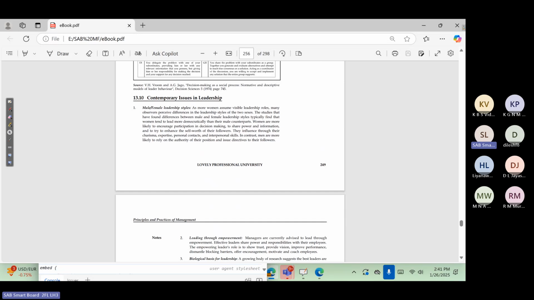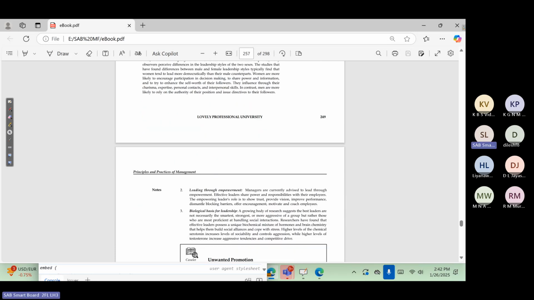Women are more likely to encourage participation in decision making, to share power and information, and try to enhance the self-worth of their followers. Right. They influence through their charisma, expertise, personal contacts, and interpersonal skills. In contrast, men are more likely to rely on the authority of their position and issue directives to their followers.